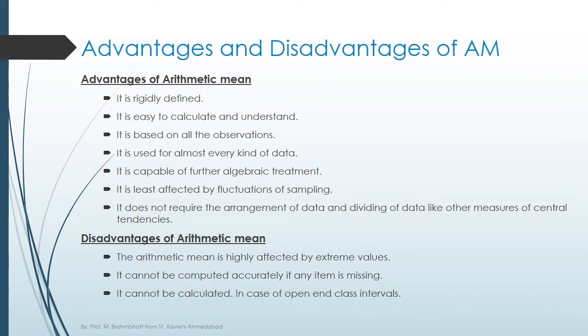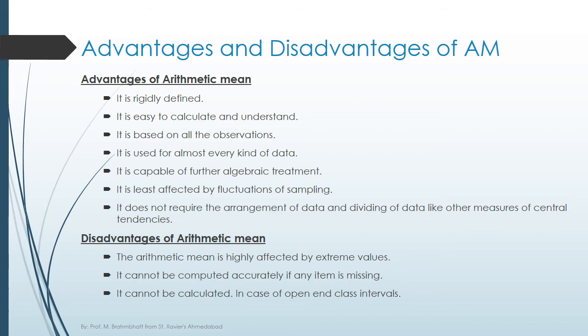Let us understand the advantages of arithmetic mean first. It is rigidly defined. The formula of arithmetic mean in case of different categories of data is clearly defined. AM is easy to calculate and understand.